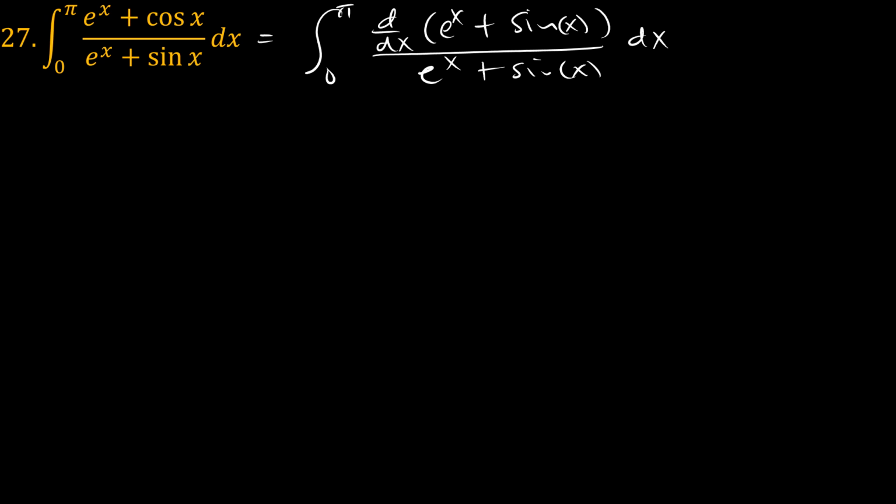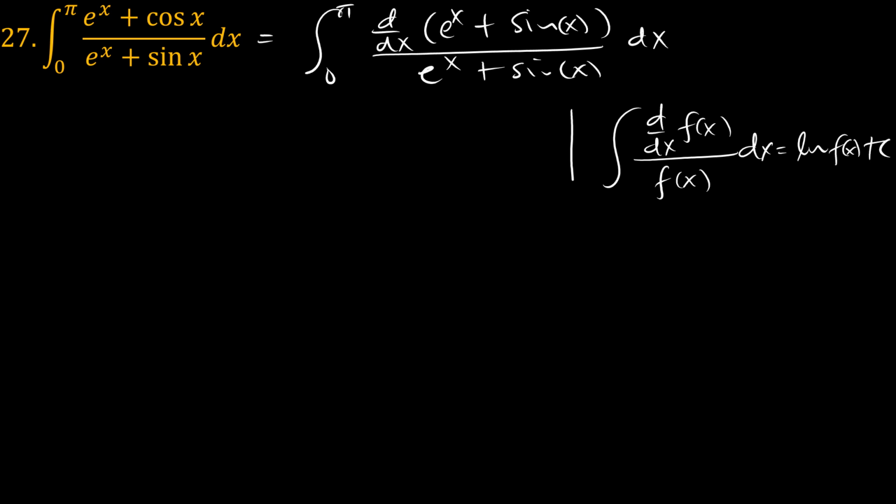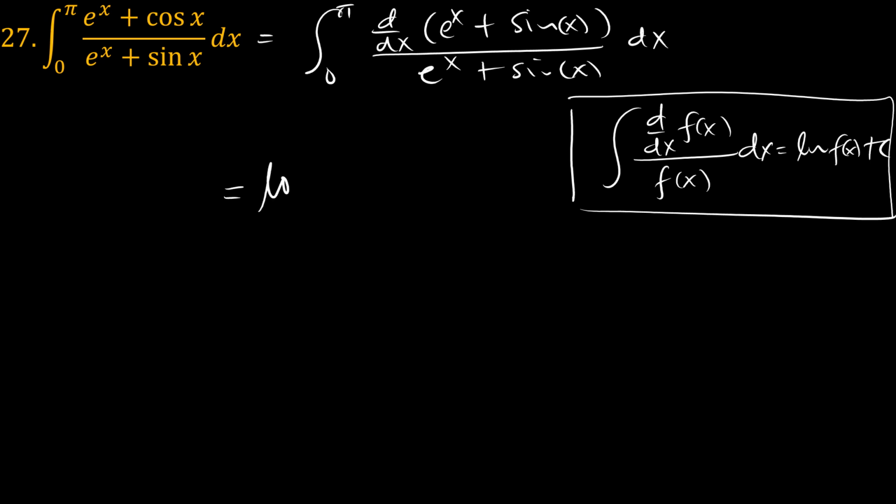And since we know that if you have an integral where the numerator of the integrand is the derivative of the denominator, that becomes the natural logarithm of f(x) when integrated, plus c. So knowing that, it means that we have the natural logarithm of (e to the x plus sine of x) from 0 to pi.